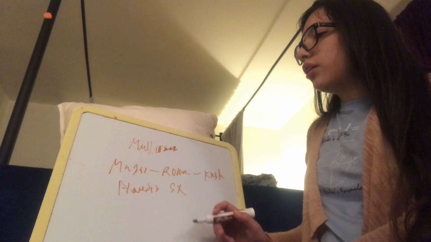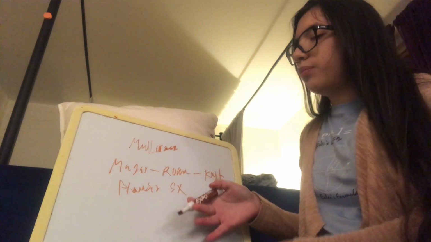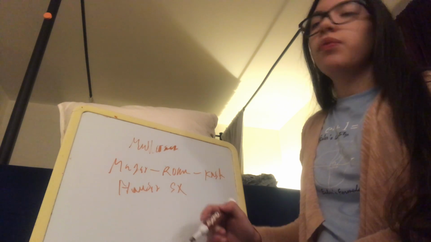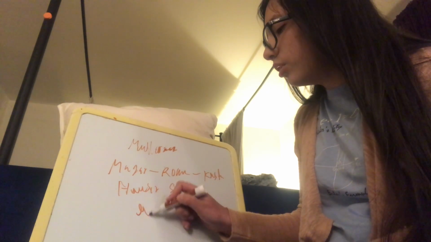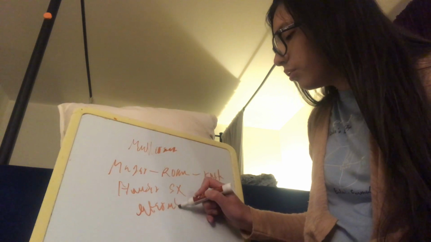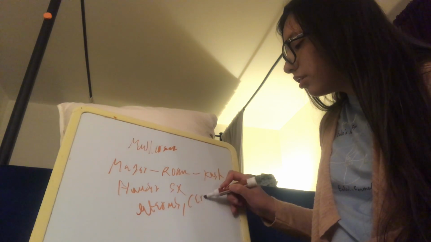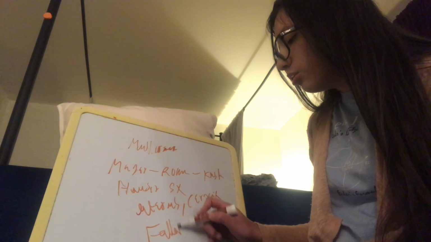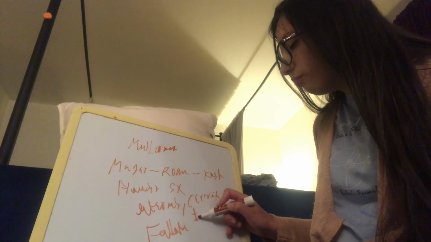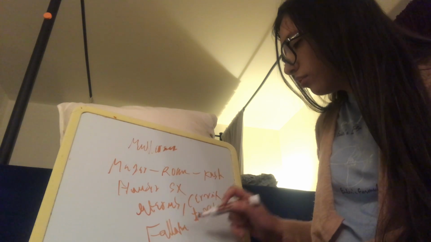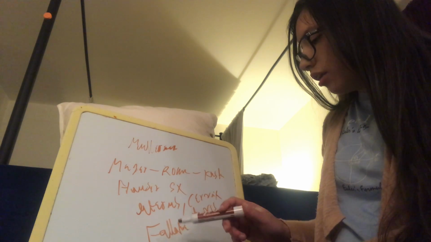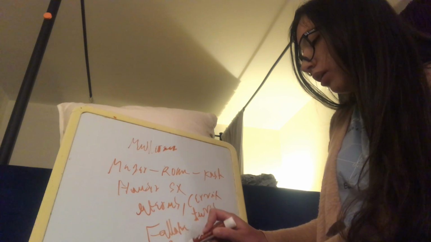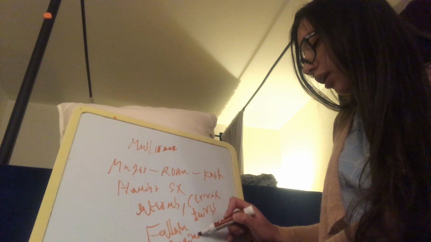Here, let's remind ourselves what the Mullerian derivatives in the female are. These are the uterus, cervix, fallopian tubes, and the proximal vagina.